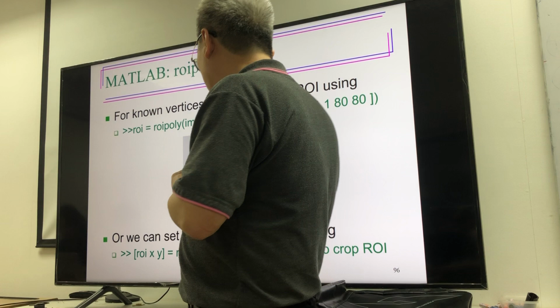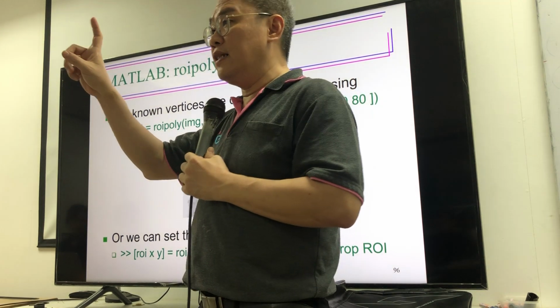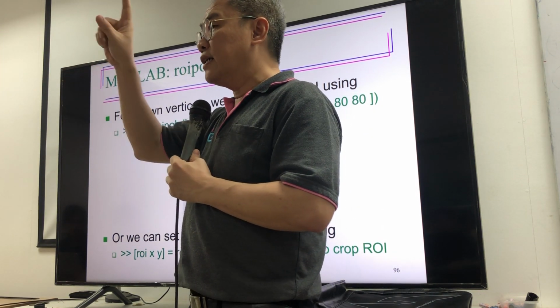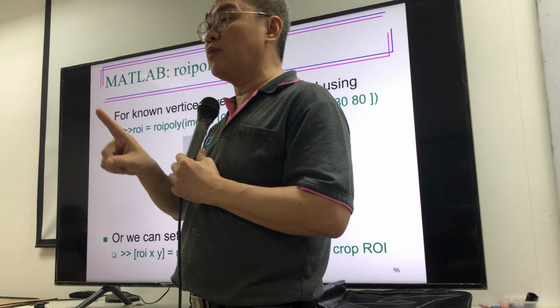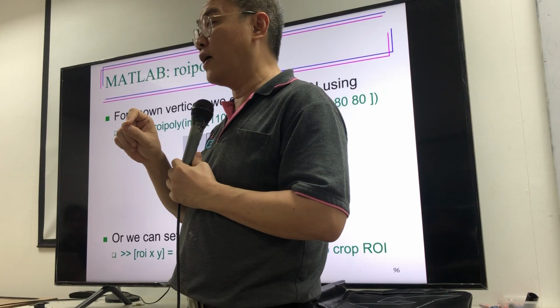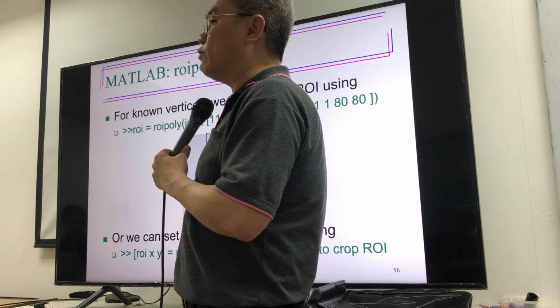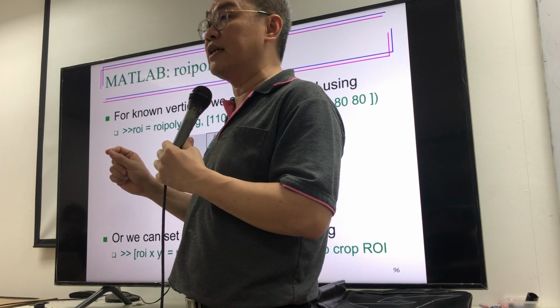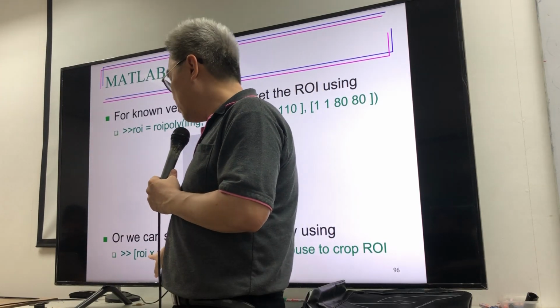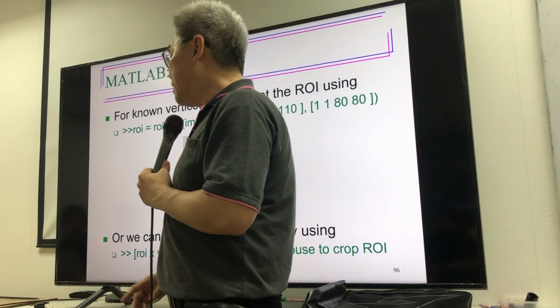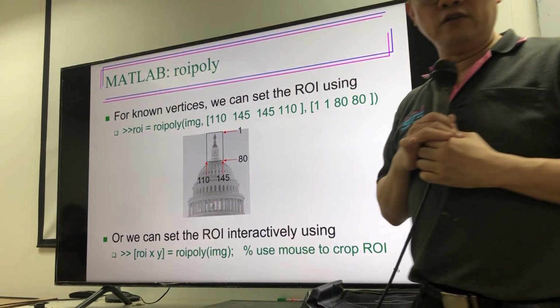You left click at the first point, the second point, the third point, and at the last point you double click. MATLAB will know that's the last point of the ROI, and then it gives you the x and y coordinates, which you can apply onto the image.